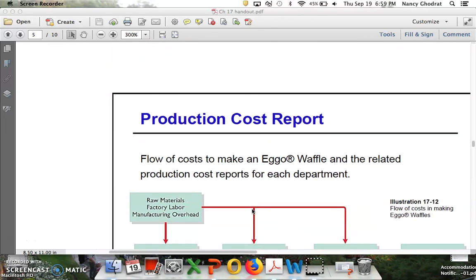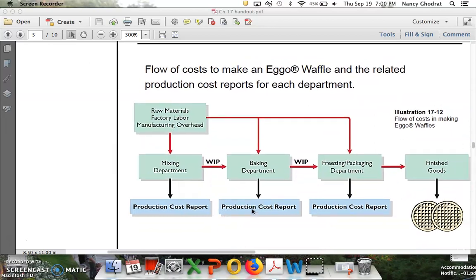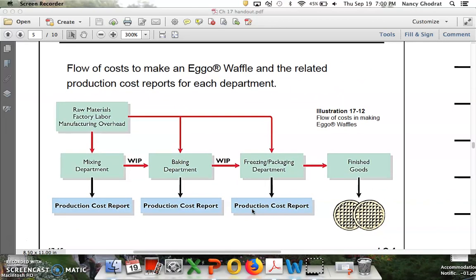So if we go back to the cost given to us. Oh, and as I mentioned before in the part 1 video, every department will have its own production cost report because every department will have its own raw material, labor, and overhead that is needed to complete those units and eventually make them finished goods.